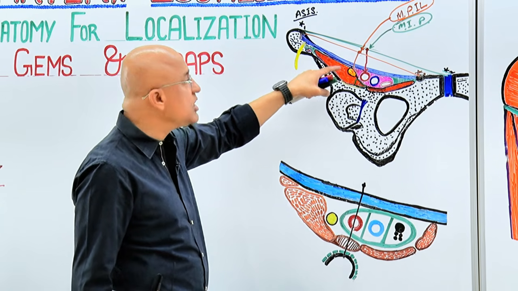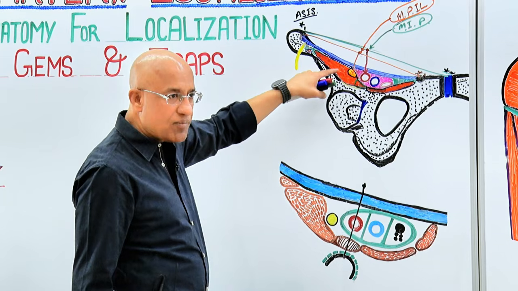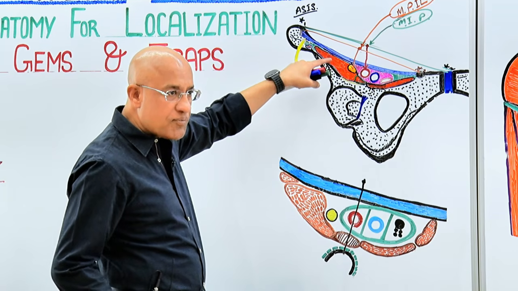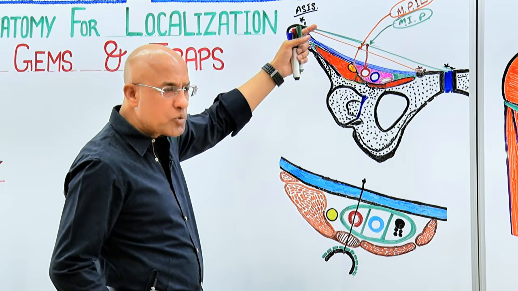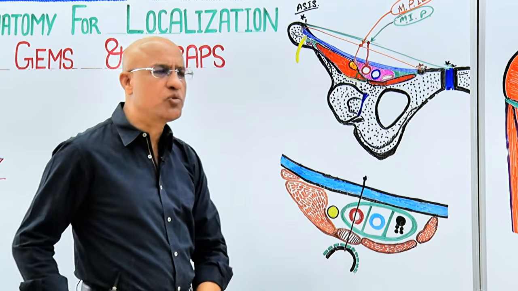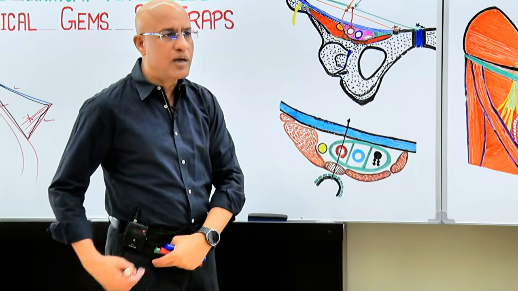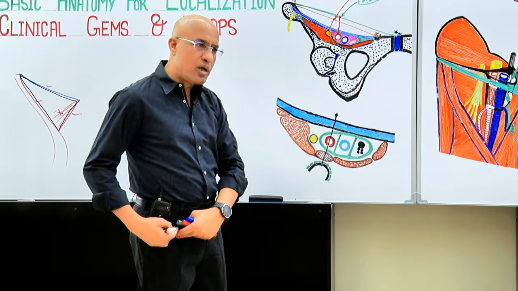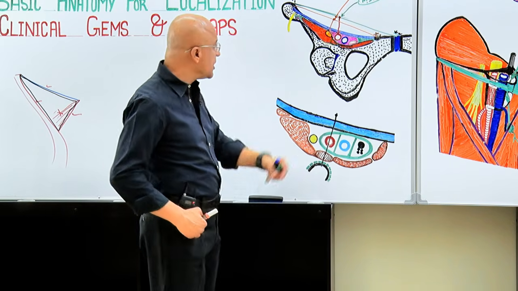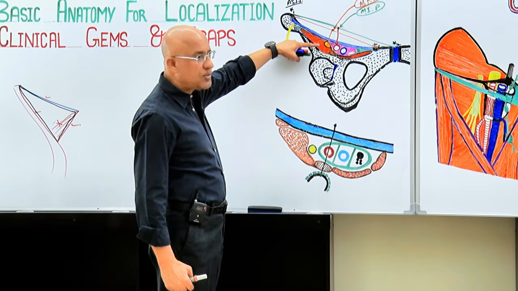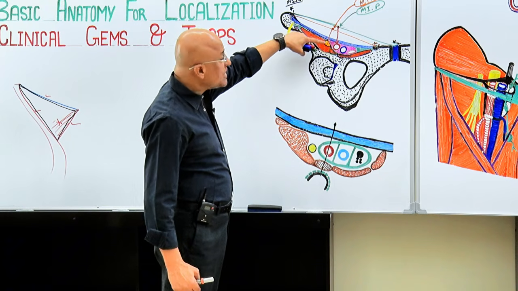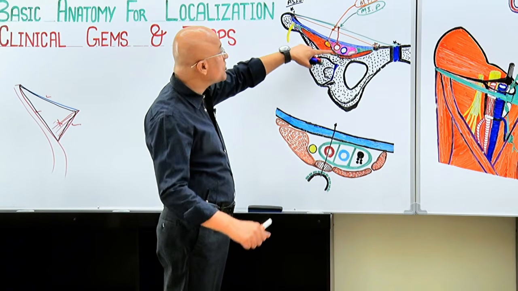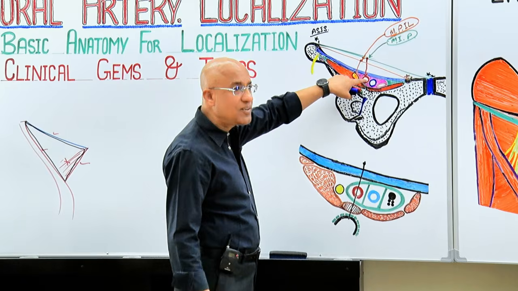But usually, even for anesthesia around the femoral nerve, we need this when there is severe injury or severe pain in the lower limb, fractures, or you are doing some orthopedic procedure and want to give regional anesthesia. Even in that case, first you are supposed to localize what?